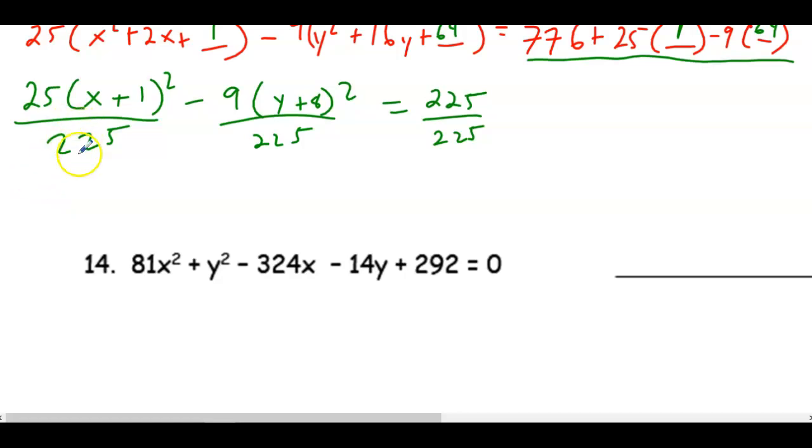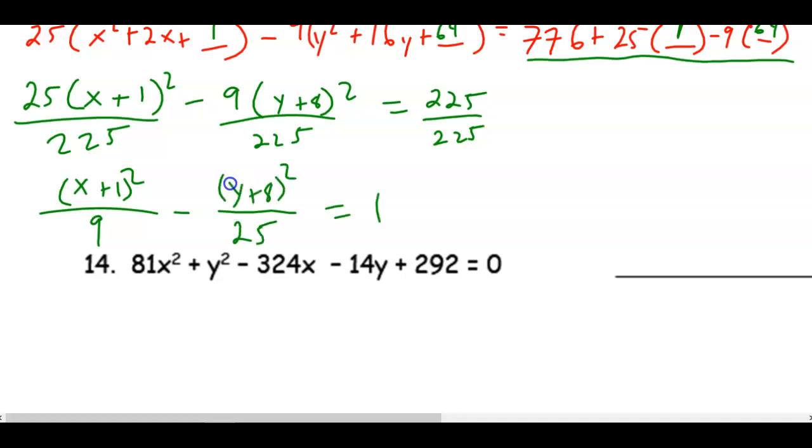Alright, so this will give me x plus 1 squared over, and if you just do it in your calculator and put 25 over 225, you get 1/9. For this one, 9 over 225 is 25, so y plus 8 squared over 25, and it equals 1.